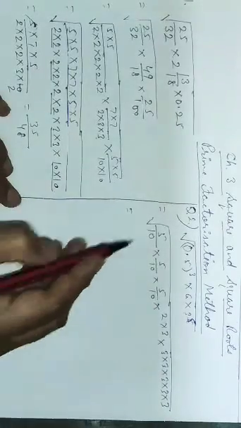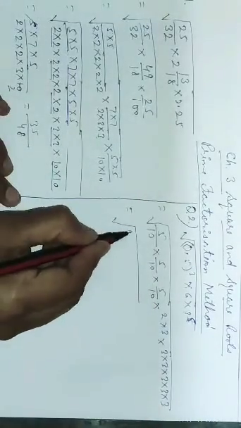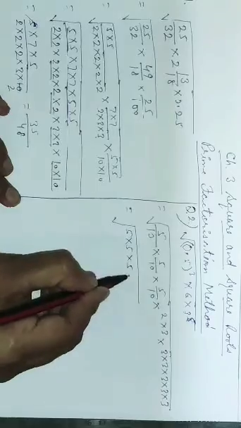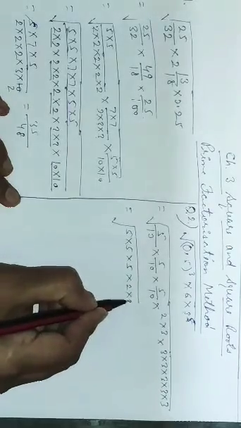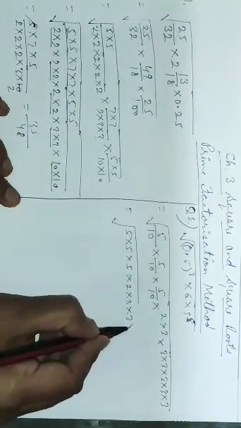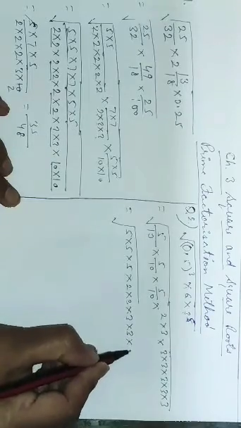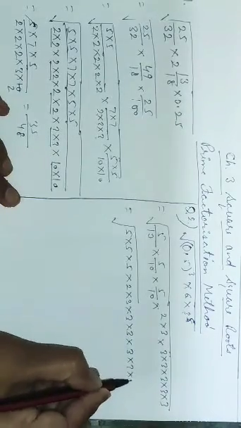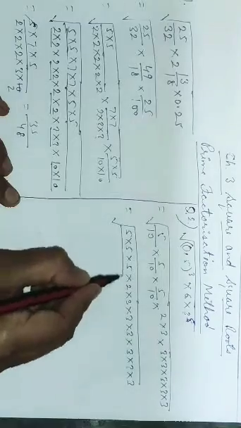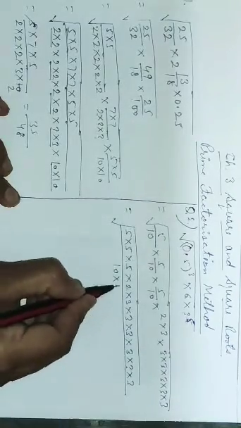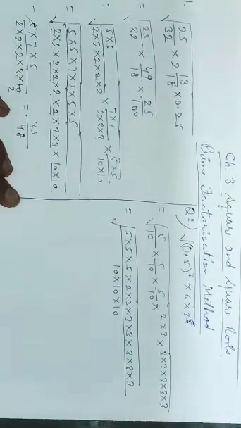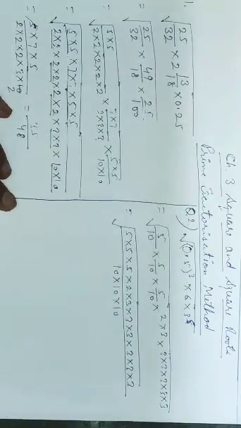Now I am writing it in a better form to make it understandable. We have these numbers in the numerator, and in the denominator we have 10 into 10 into 10. Okay, so I have written all the prime factors.